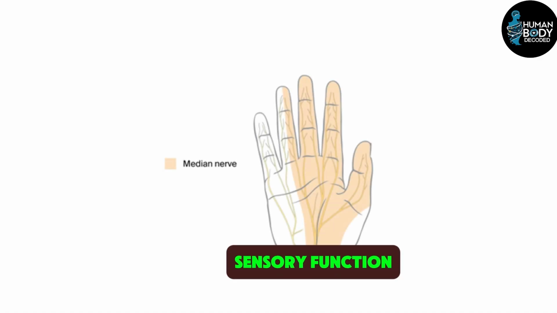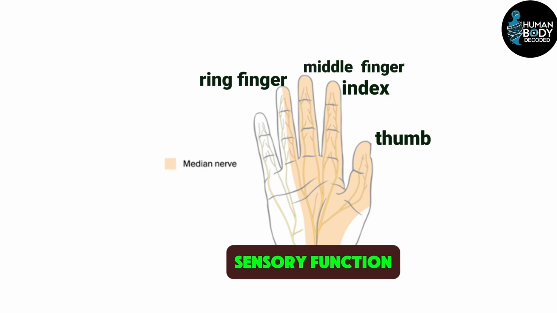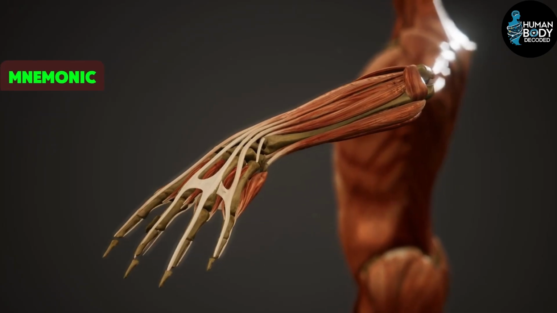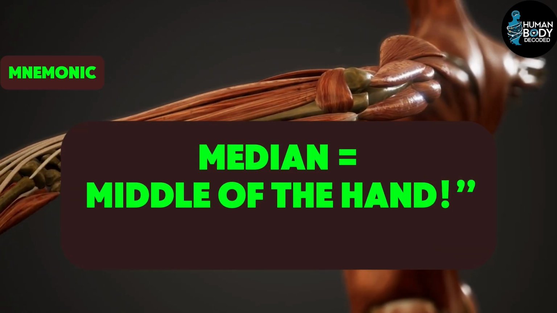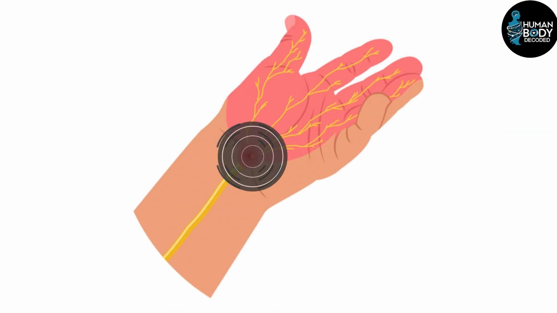Sensory function. It provides sensation to the palmar side of the hand, especially the thumb, index, middle, and half of the ring finger. Mnemonic: Median equals M, middle of the hand. Remember that it controls the thumb and fingers in the middle of the hand.